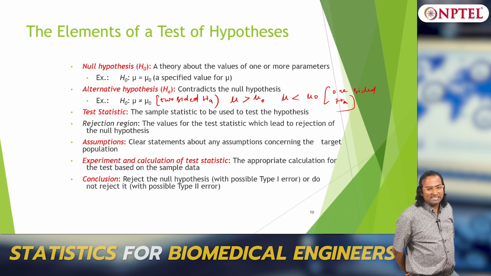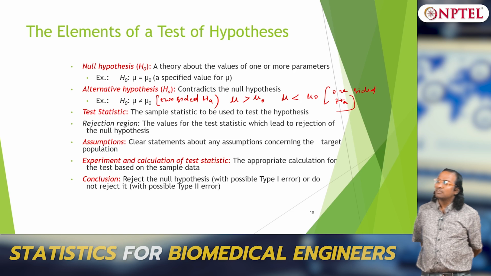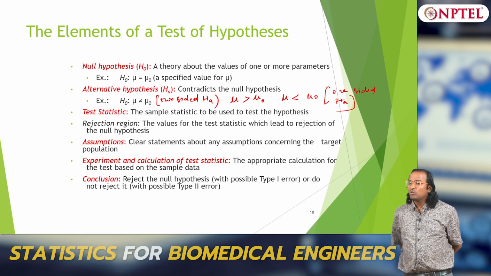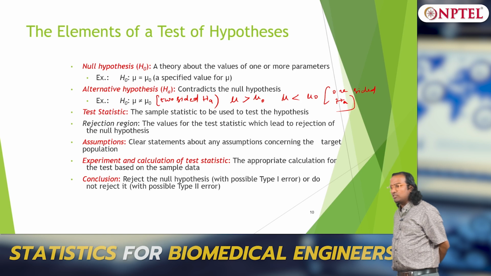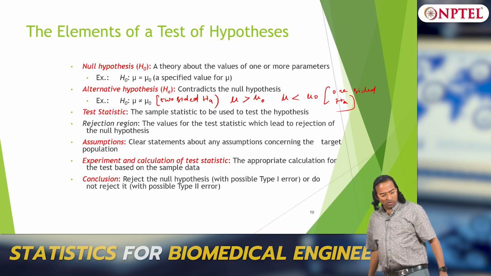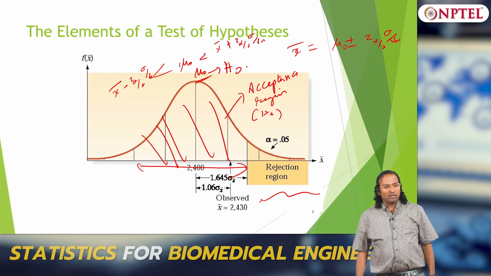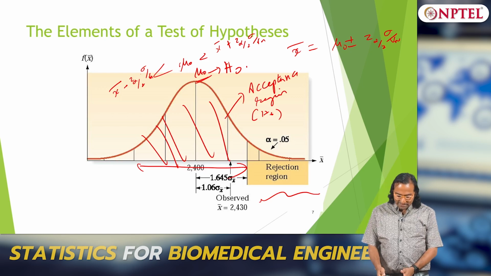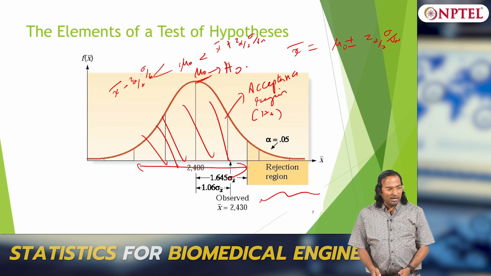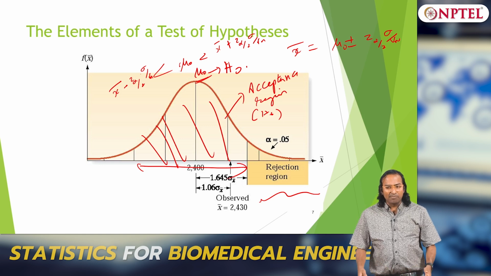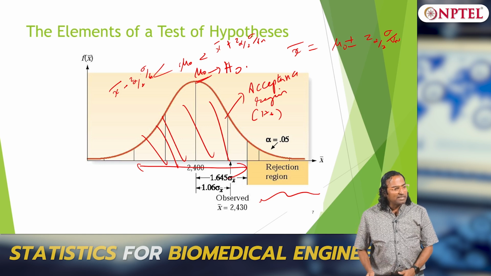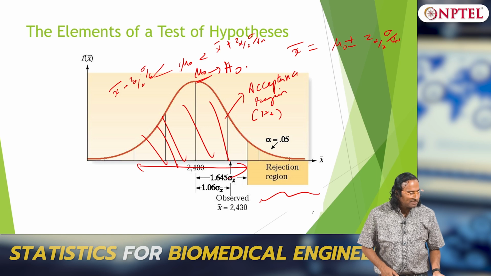Your acceptance region and rejection region will have to change. Why? Because if you look at mu equals mu naught, this entire region is acceptance, and anything beyond that, in both extremities, is a rejection.